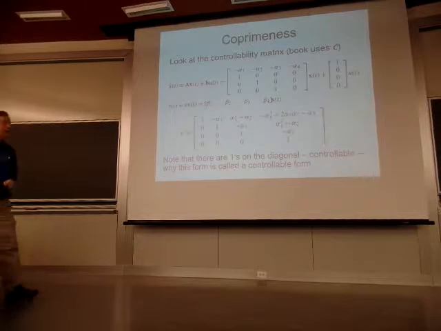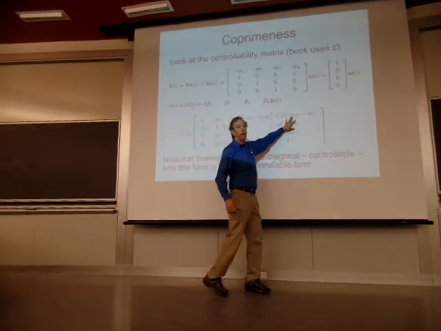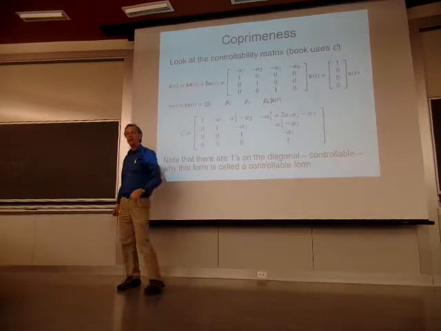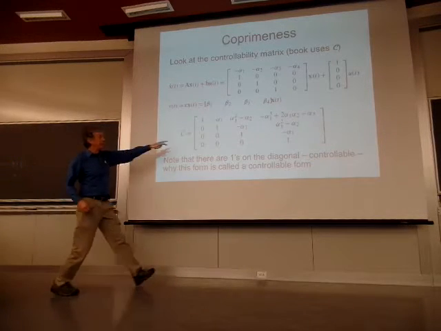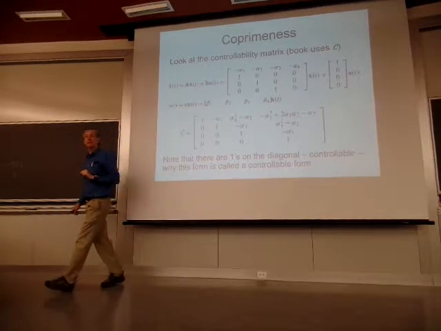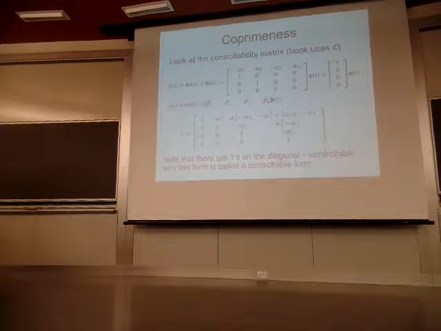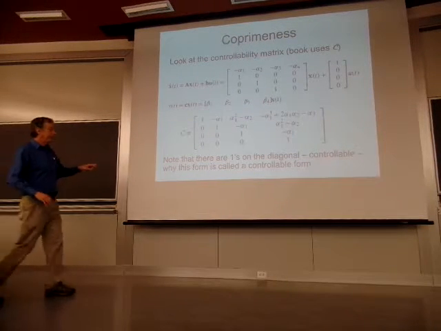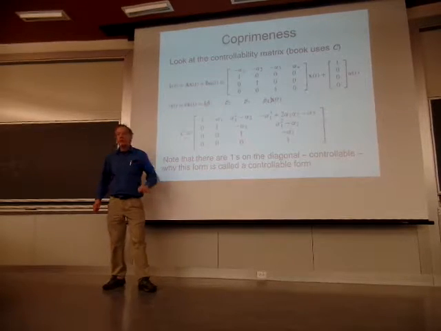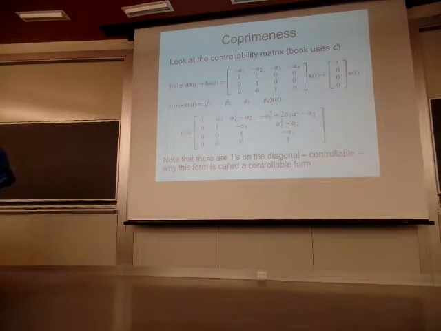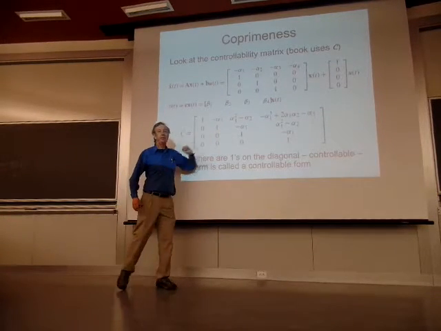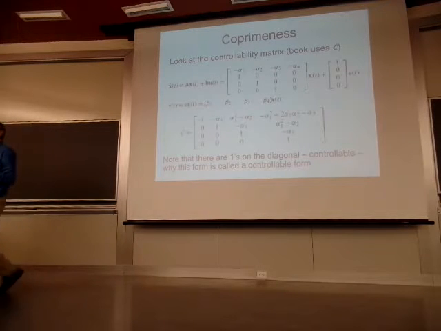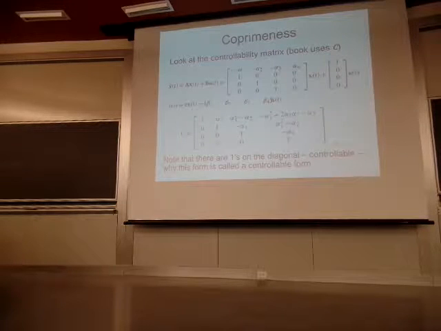It doesn't matter what any of these things are, because essentially I have ones on the diagonal. It's guaranteed to be full rank, because any other things I multiply times 0 when I do the determinant. So that's why it's called controllable form. If I have the A matrix in that form, the controllability matrix will end up in this form. That's where the name comes from. So it's actually quite convenient.